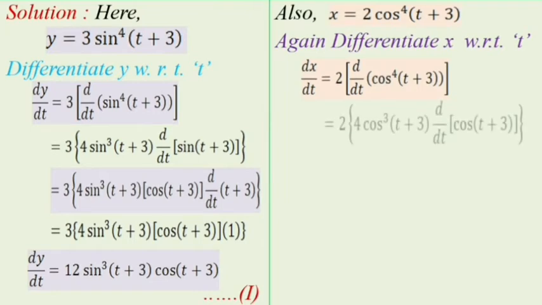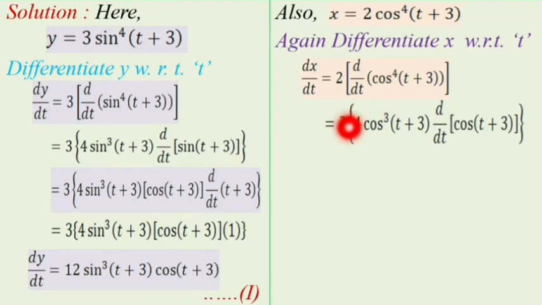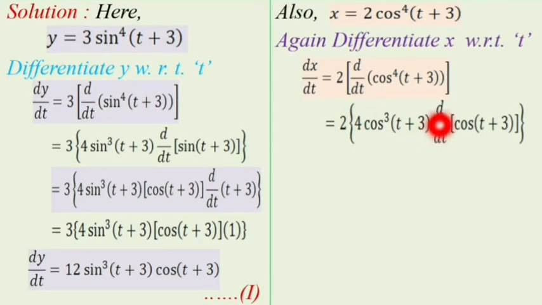Therefore we can get dx by dt equal to 2 into bracket cos raised to 4, therefore 4 has to be taken in the multiplication form, therefore 4 into cos raised to 3 of t plus 3 into d by dt of cos of t plus 3 by composite rule.